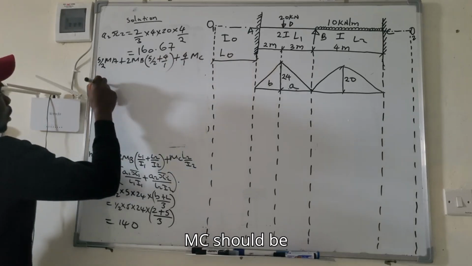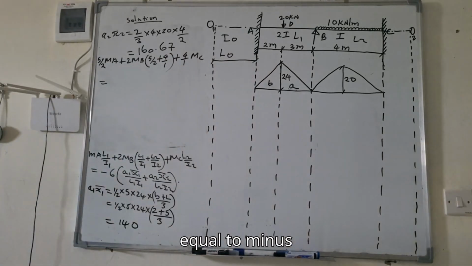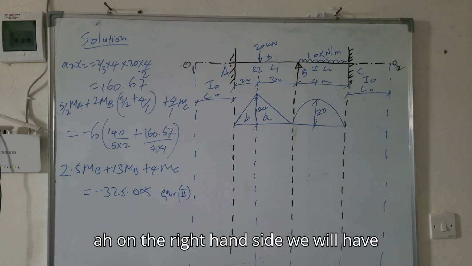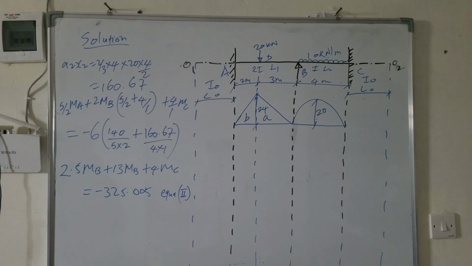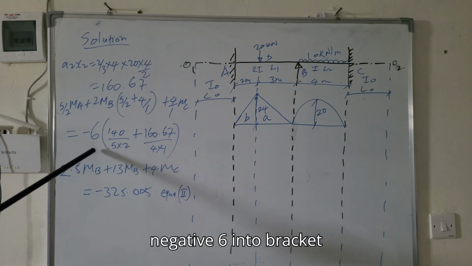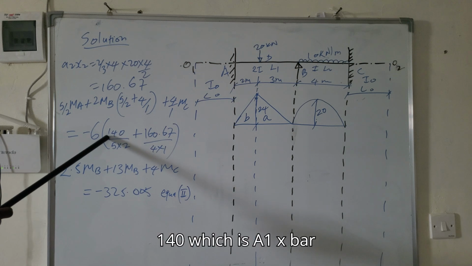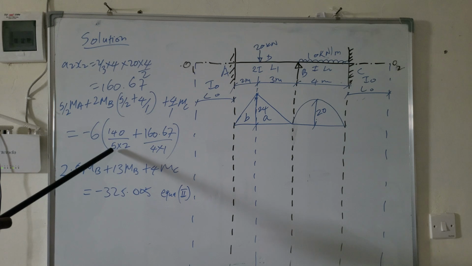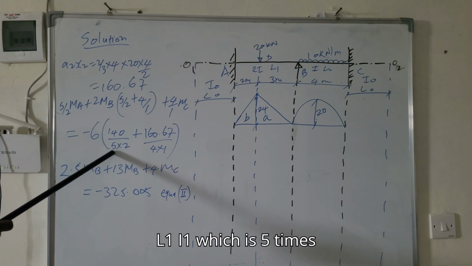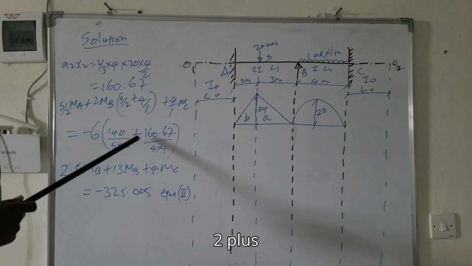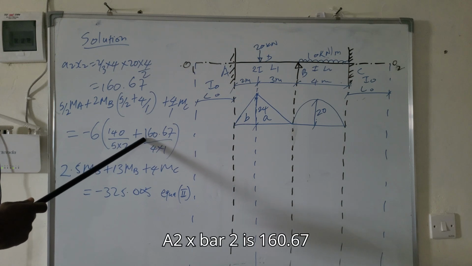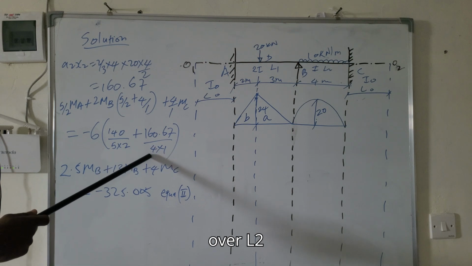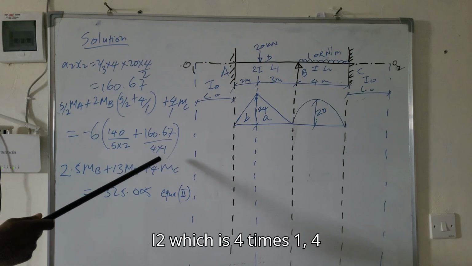MC should be equal to minus 6. On the right hand side, we will have negative 6 into bracket 140, which is A1 x bar 1, over L1 I1, which is 5 times 2, plus A2 x bar 2 is 160.67, over L2 I2, which is 4 times 1.